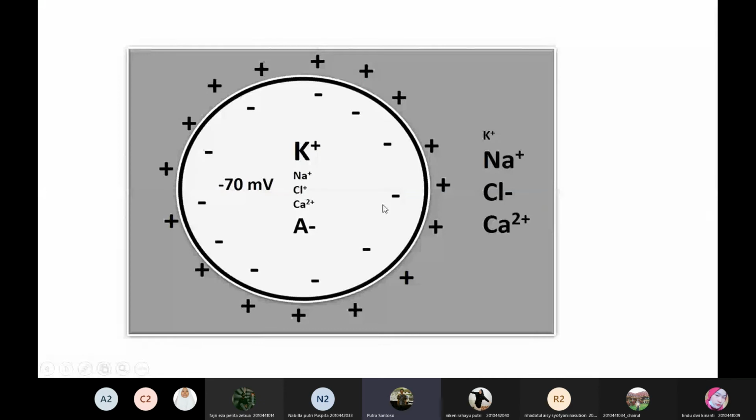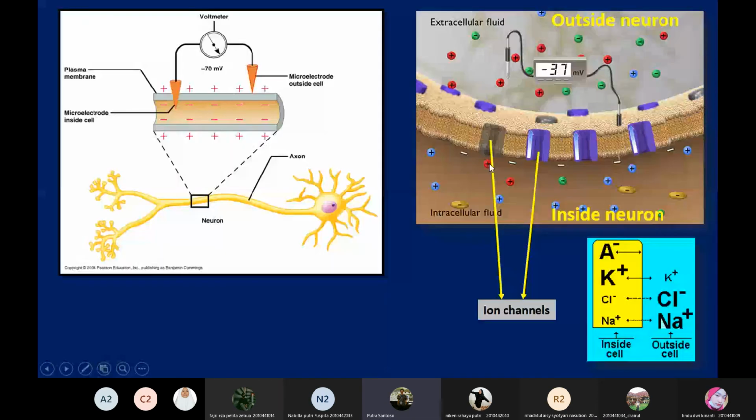Jadi ada suatu proses stimulus yang akan membukakan saluran ion ini, and therefore the ions could be mobilized inside or outside the cells to generate the change in electricity.